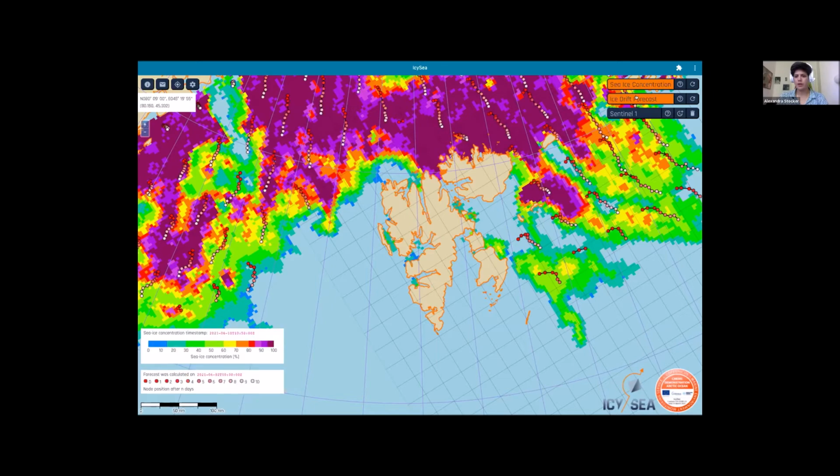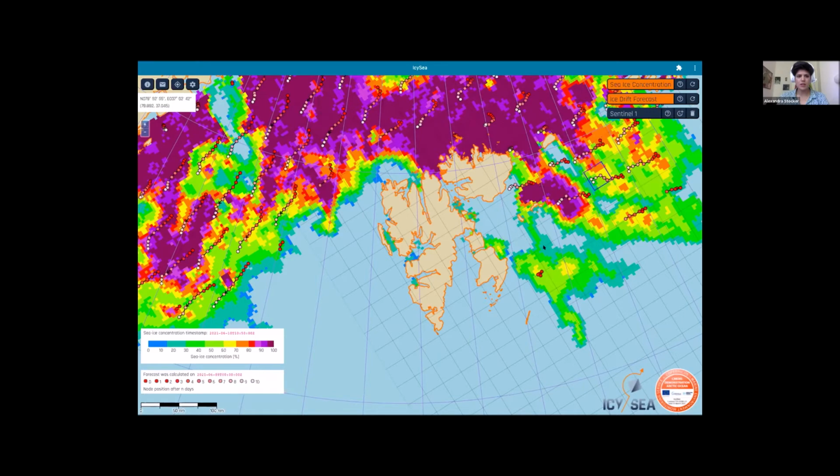This is done by our partners at the Meteorological Institute of Norway. Again, I'll just refresh with this little arrow to have today's drift forecast. And then you have the little legend at the bottom left that it's from yesterday. So yesterday would be day 0, and then how it continues, how this ice will drift in the coming days.